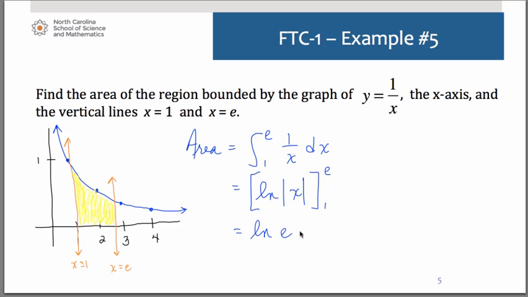Now I can lose the absolute value bars because e, of course, is a positive value anyway, so the absolute value bars don't really mean anything, minus natural log of 1. But natural log of 1 is 0. Natural log of e simply is 1. If you think about it, it's kind of a neat answer. This is saying that the area of this region is a perfect 1.